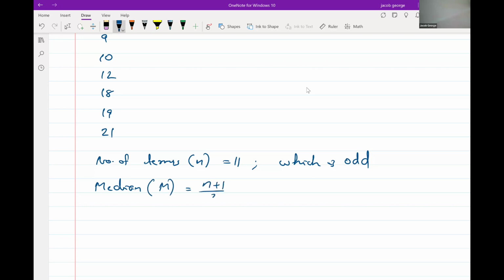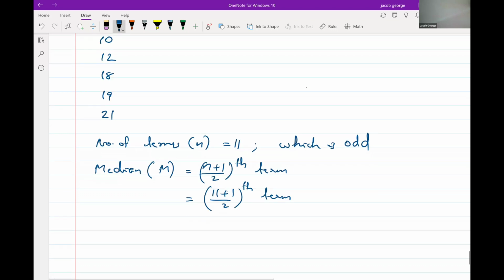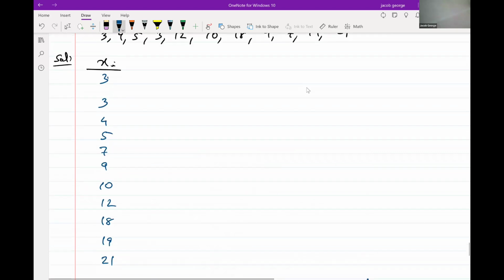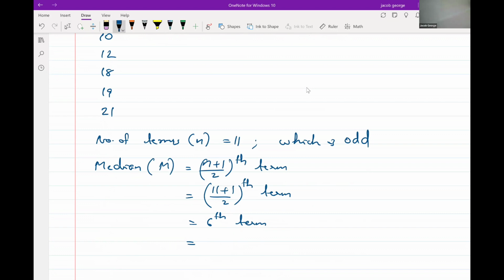That is 11 plus 1 by 2th term. 11 plus 1 is 12, 12 by 2 is the 6th term. What is the 6th term from this data? 1, 2, 3, 4, 5, 6. The 6th term is 9. So the median is 9. Is it clear, students, the calculation of the median?